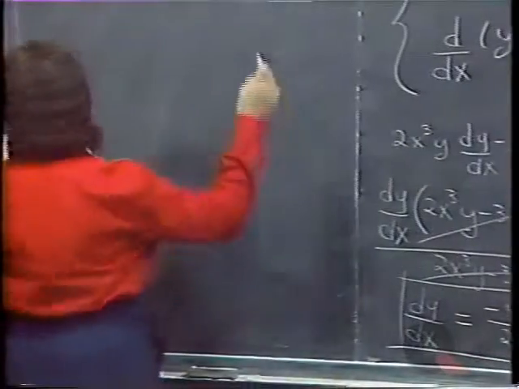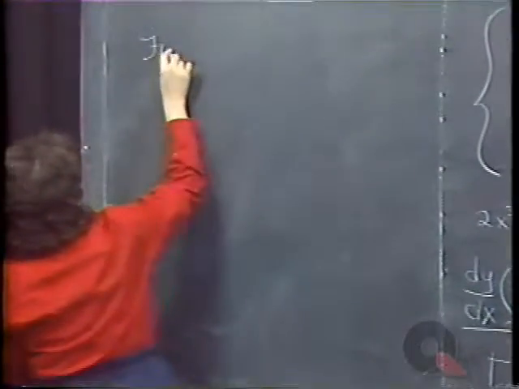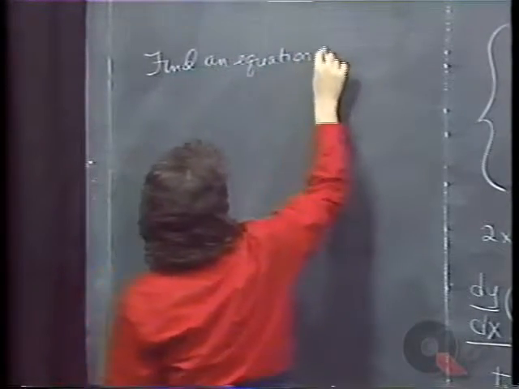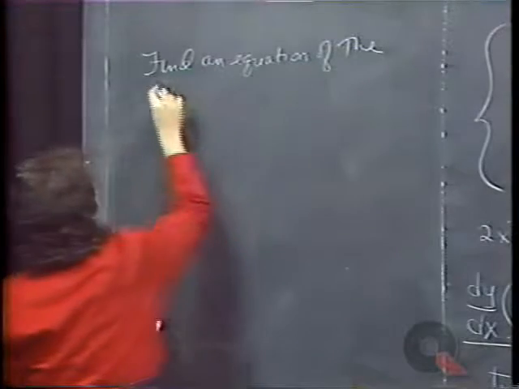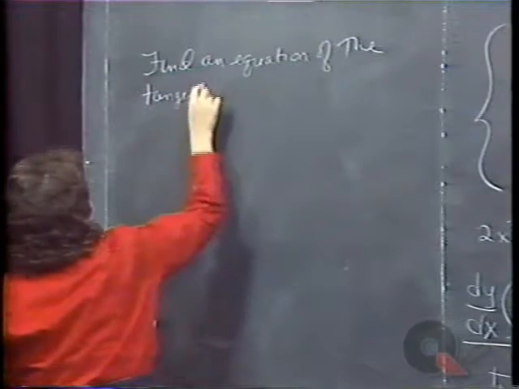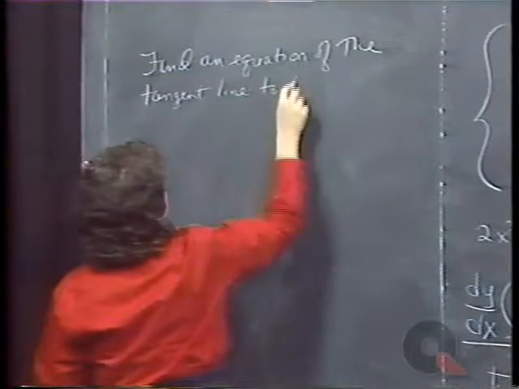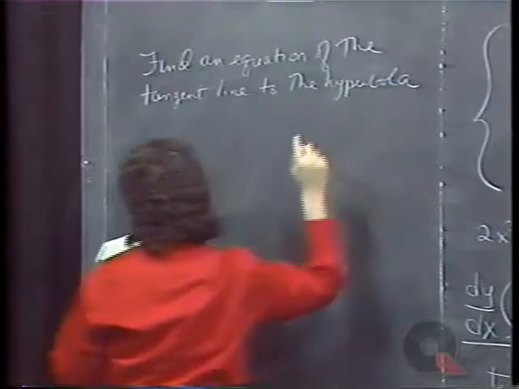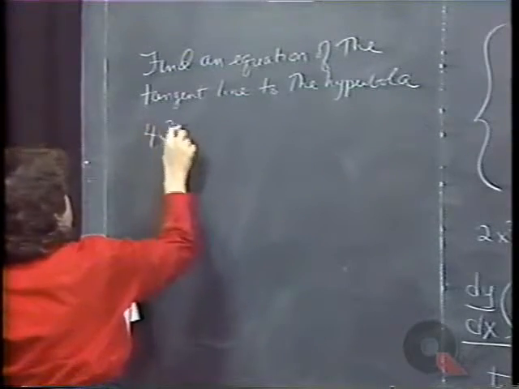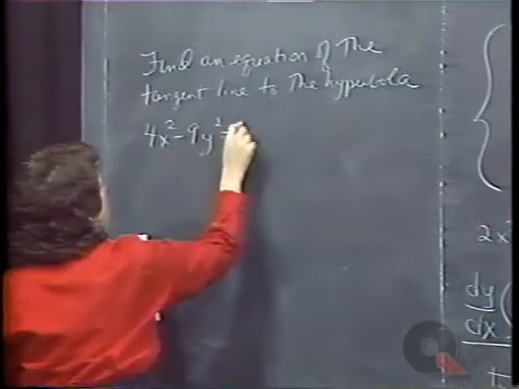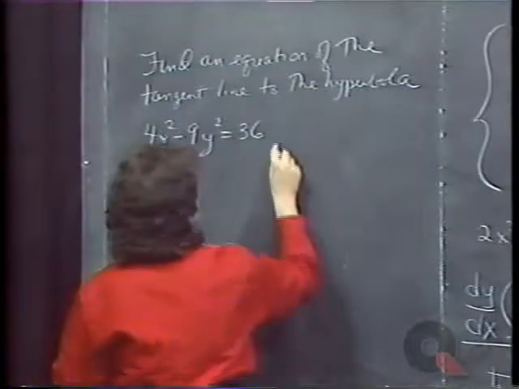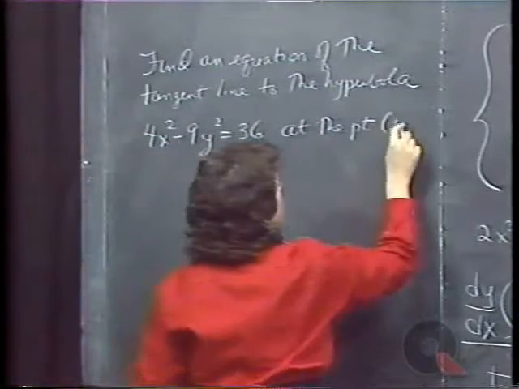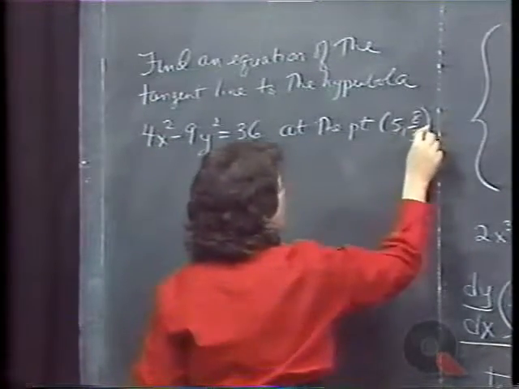For our next example, let's try the following. Find an equation of the tangent line to the hyperbola 4x squared minus 9y squared equals 36 at the point (5, 8/3).